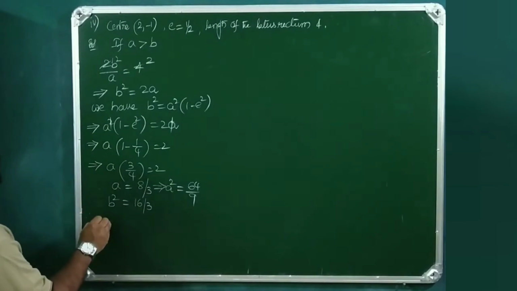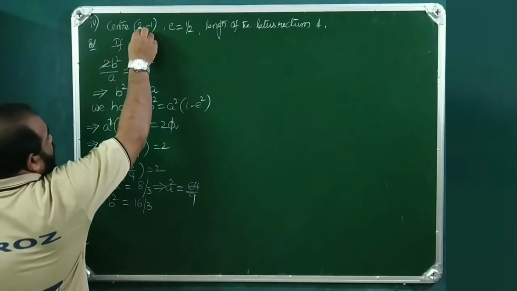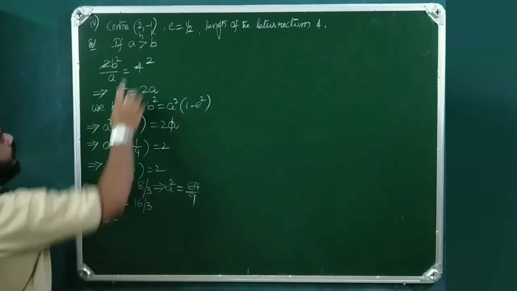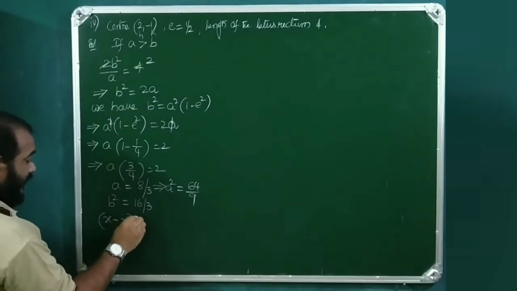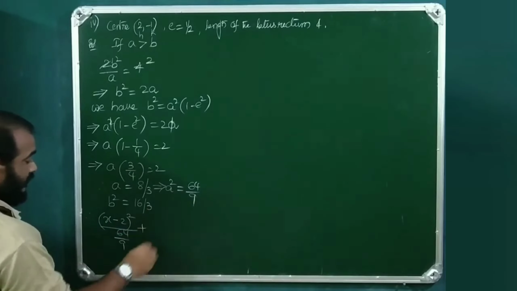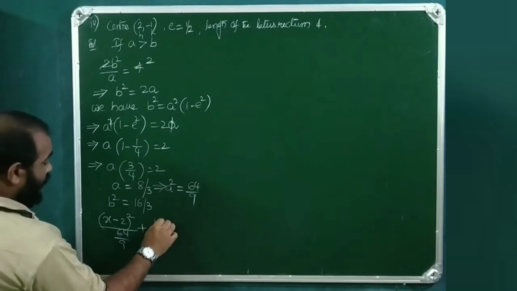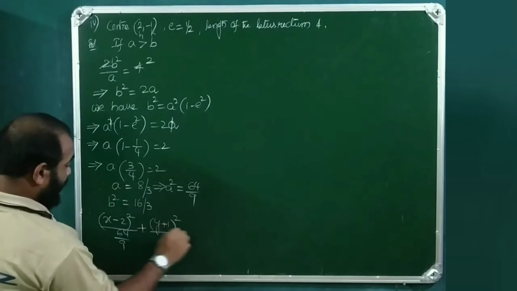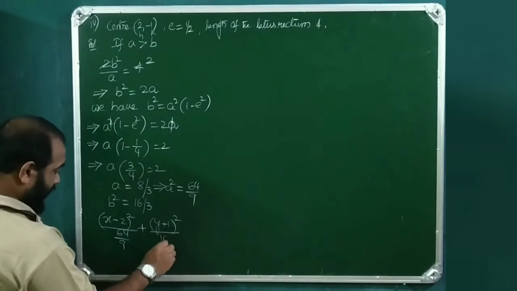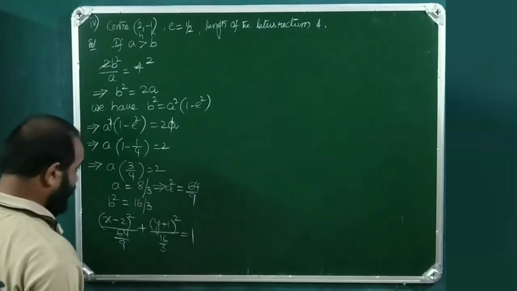Therefore, the equation of the ellipse with h comma k as 2 comma minus 1 is (x minus 2) whole square by A square, 64 by 9, plus (y plus 1) whole square by B square, 16 by 3, equals 1.